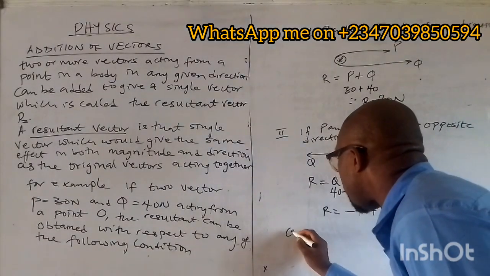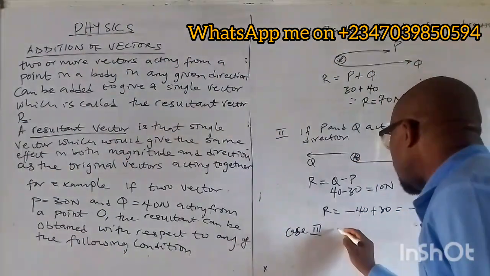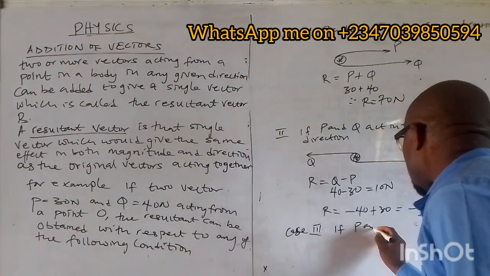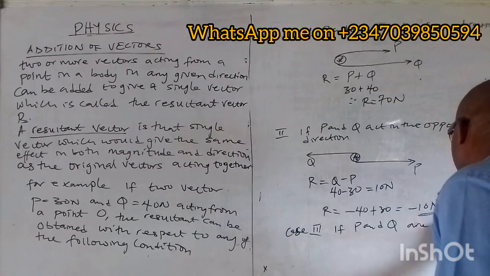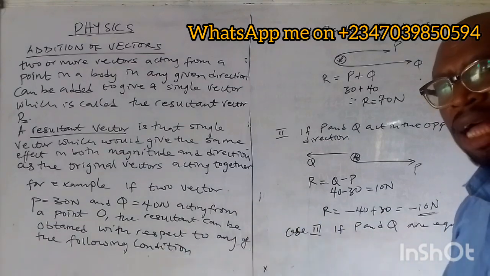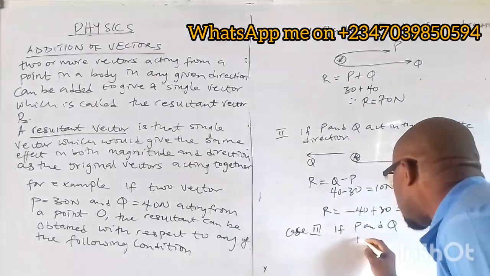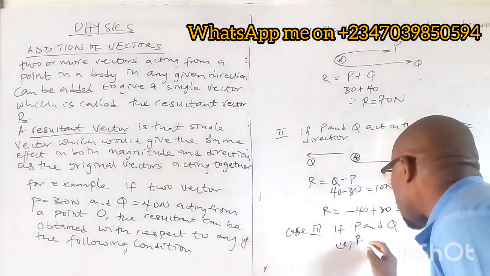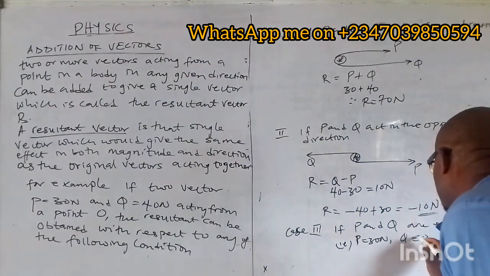Now, case 3. If P and Q are equal, let's say P is 30 Newton and Q is 30 Newton.